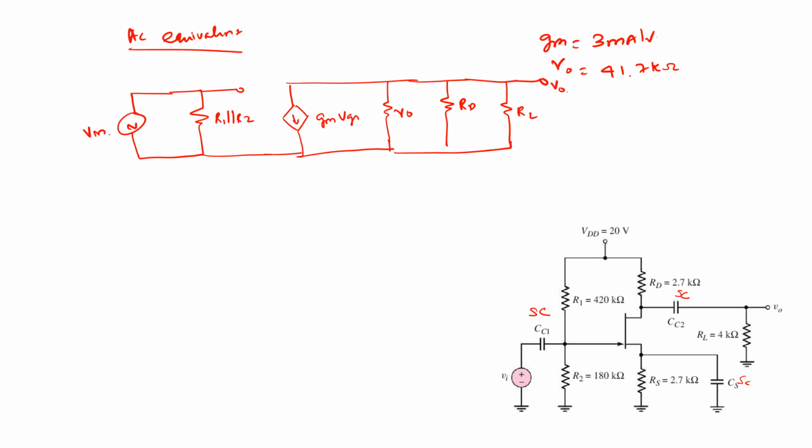So I want the voltage gain, which is AV, which is nothing but V0 by Vin. V0 is gm VGS, the current which has been flowing. So this current is going to flow in this path.